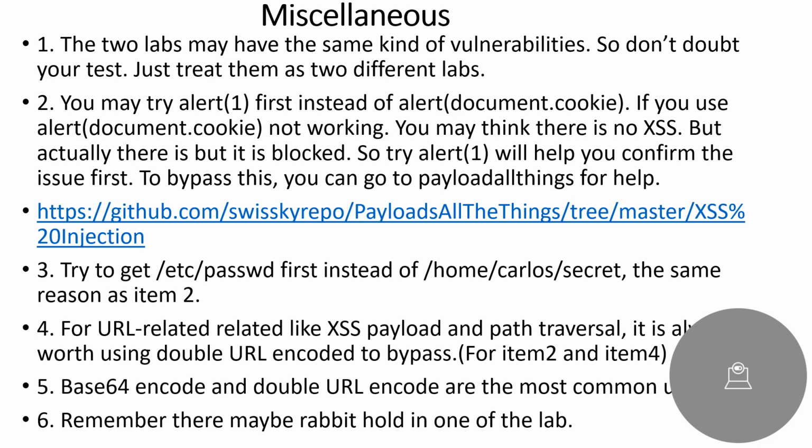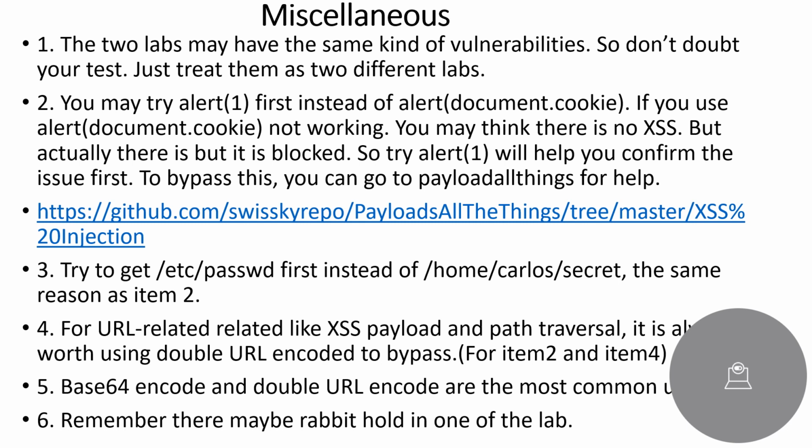So in this case, I would suggest you use the alert to confirm that you have found the cross-site scripting issue, and then you can try to see if there is any bypass. For example, you can check from the payload website to know that there is maybe some way to bypass. For example, you can use double URL encoding, right? Yes, you can try that.